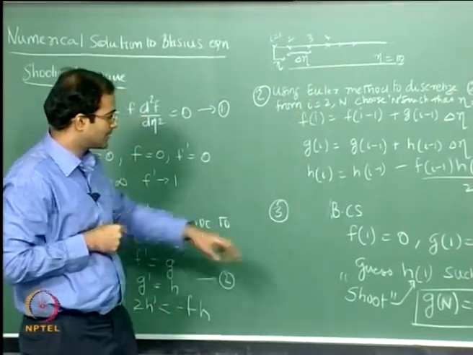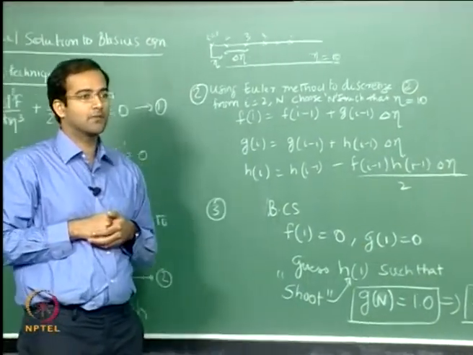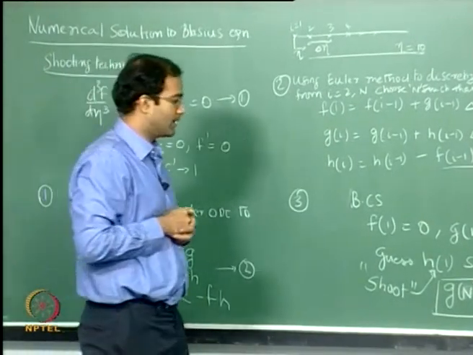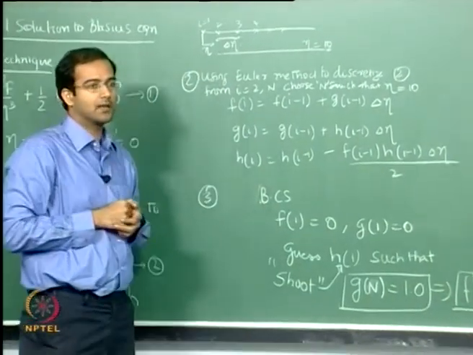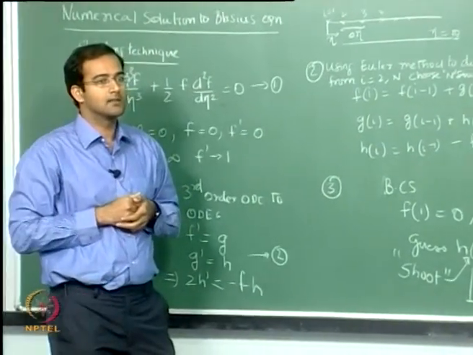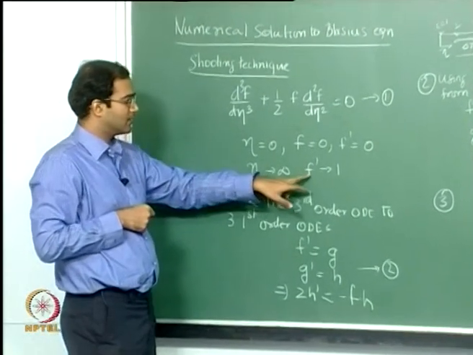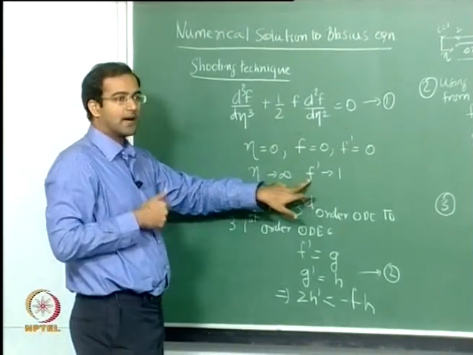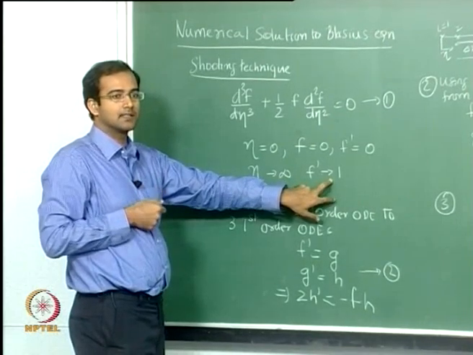But the problem is, if you look at the boundary conditions, we have f of 1 equal to 0, g of 1 equal to 0, but we don't have the boundary condition for h of 1, right? Rather we have a boundary condition for g, but for large values of eta we know that g goes to 1.